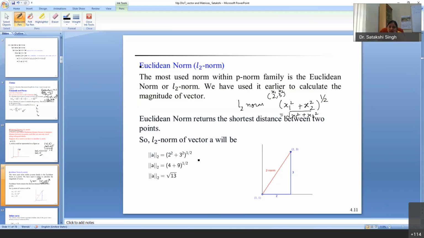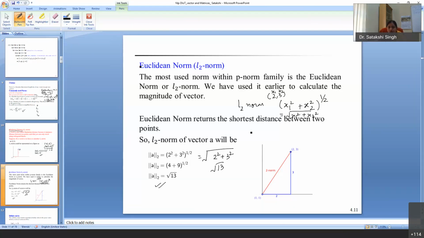So that is what we have done here to find the norm of A. For the second norm, the L2 norm of A, we will have the under root of x1 square, that is 2 square plus 3 square. 2 square plus 3 square is 13, 4 plus 9. So this is under root of 13, that is your L2 norm.